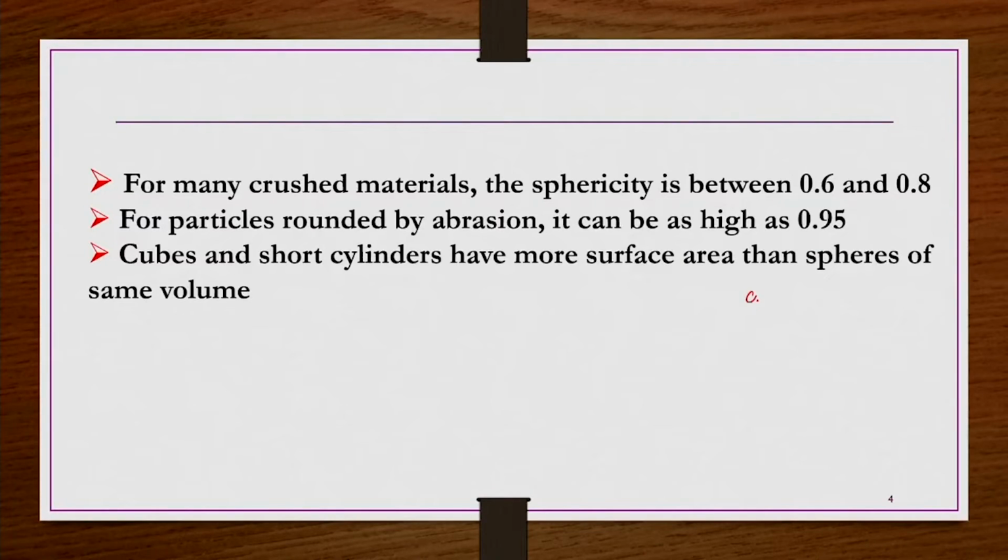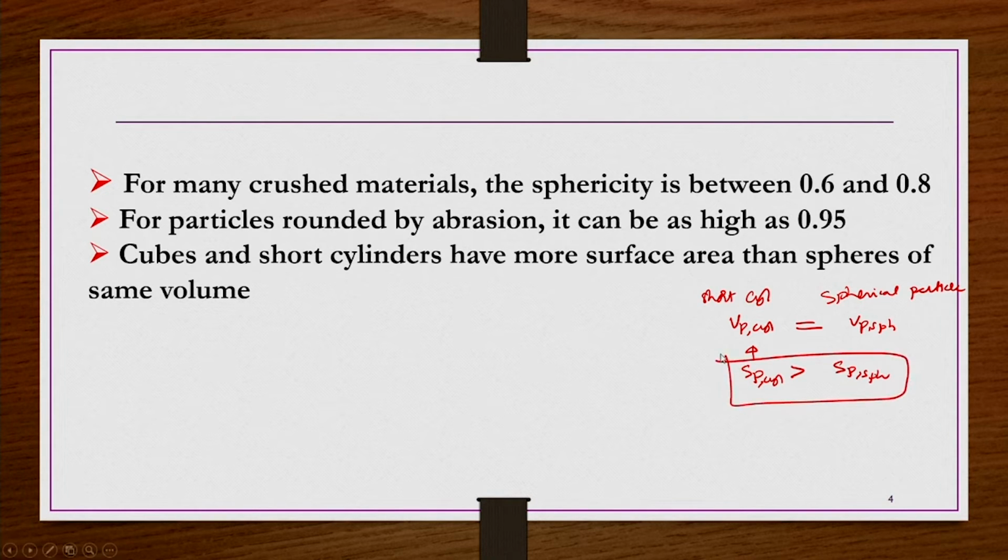Let us say you have a short cylindrical particle and a spherical particle, right. Now, in these two cases, if Vp of the cylindrical particle and Vp of the spherical particle are the same, then Sp of the cylindrical particle is going to be more than Sp of the spherical particle.